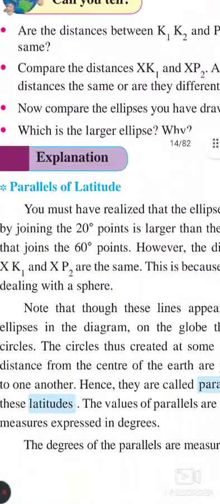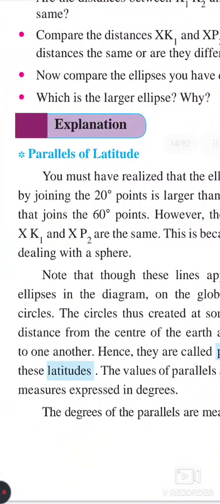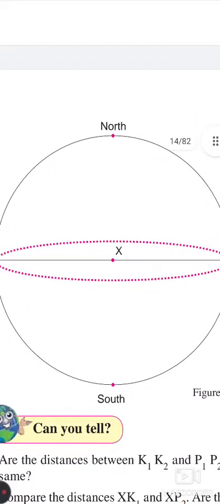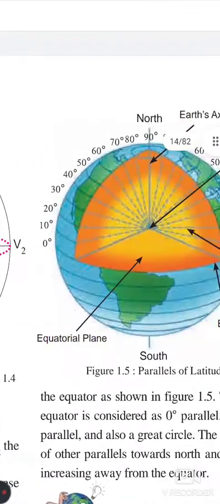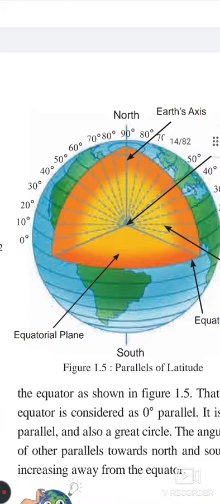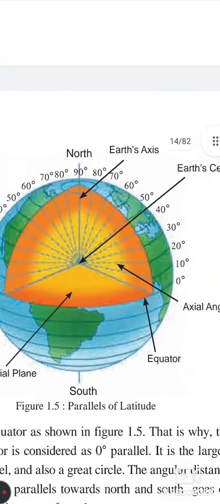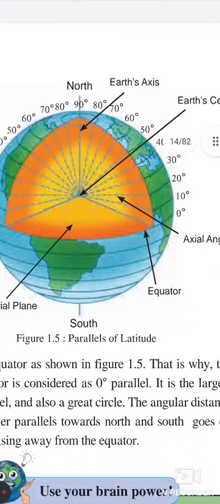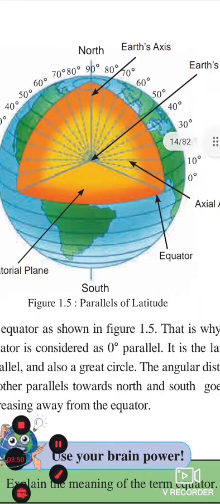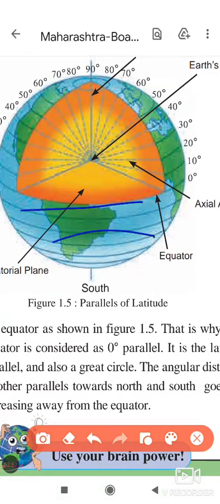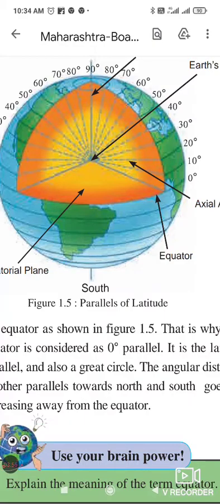Now the next point is the parallels of latitude. These are the parallels of latitude.